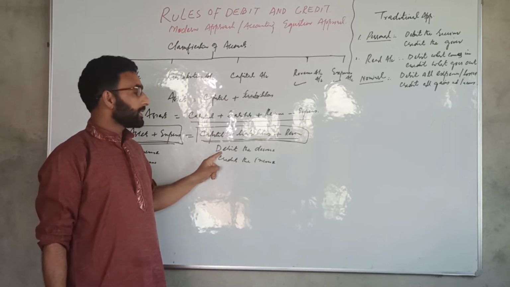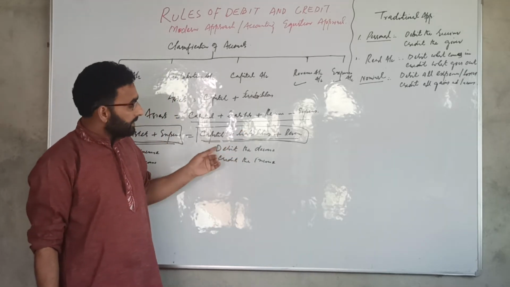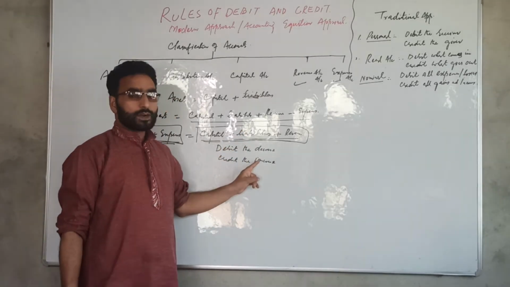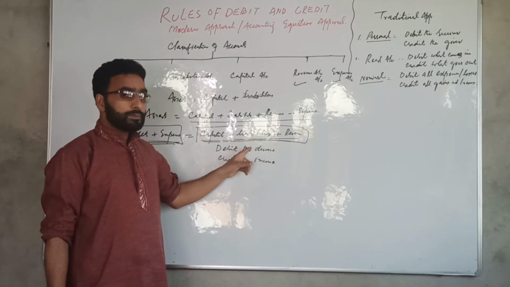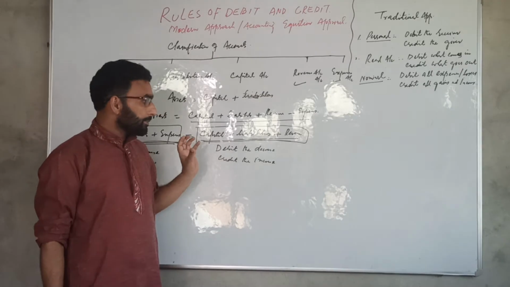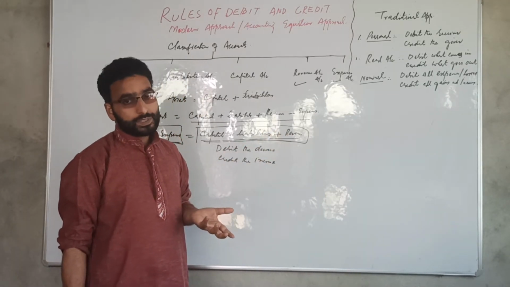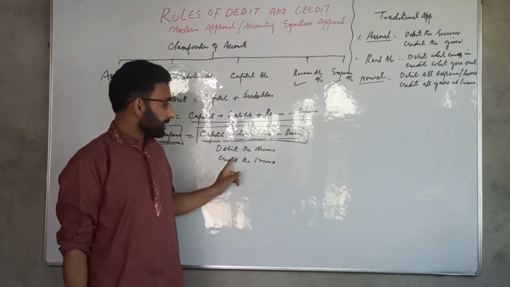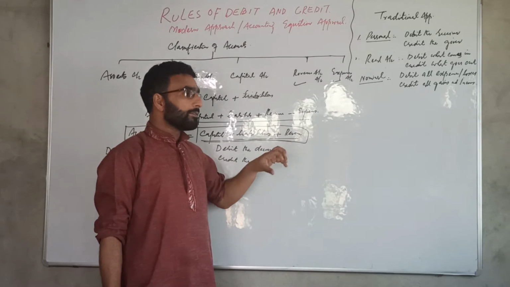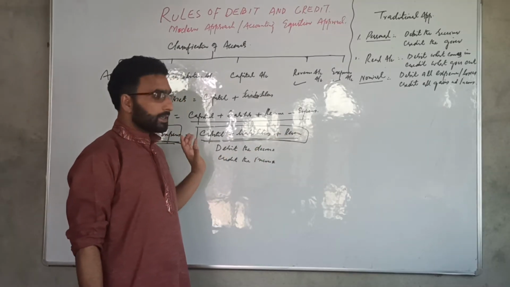When liabilities increase, the liabilities account is credited, and when liabilities decrease, it is debited. Similarly for the revenue account, when revenue increases it is credited, and when revenue decreases it is debited.